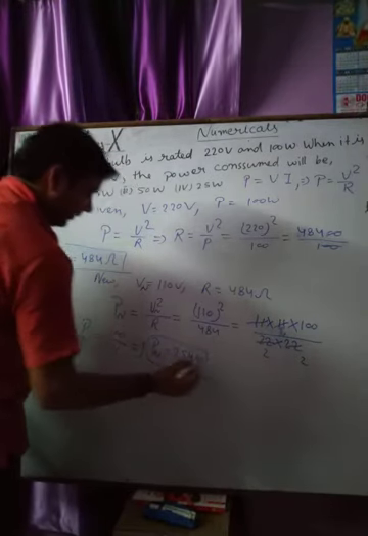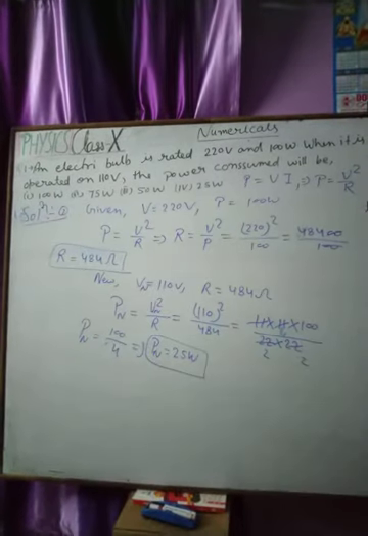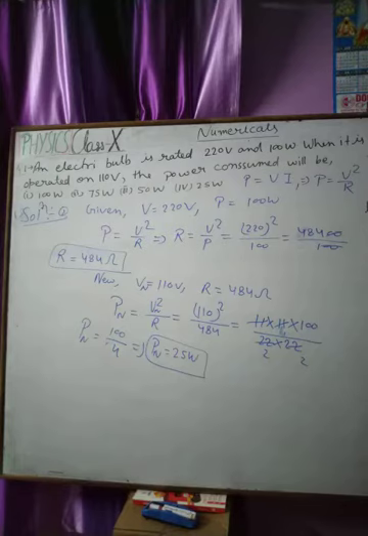So this bulb generates a power of 25 watt if it is operated on 110 volt in place of 220 volt. This is the new power developed in the bulb. Copy this solution, then we go to the other solutions.